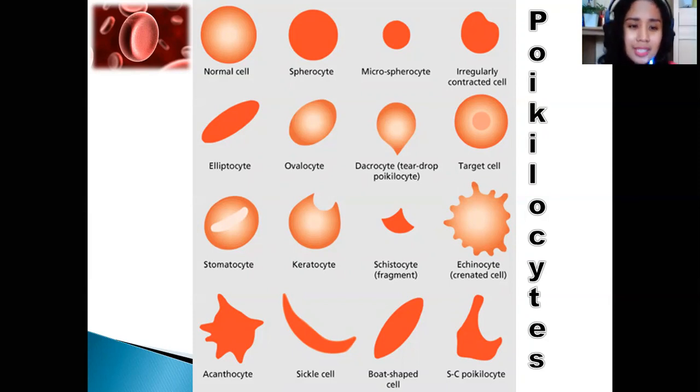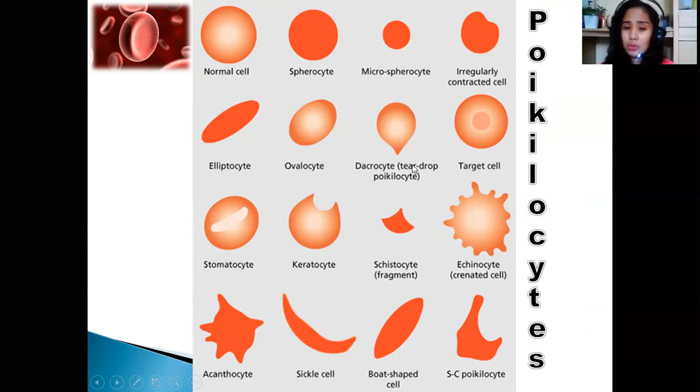So, in this image, you can see the normal cell, which should have pallor, a biconcave disc. Now, you're going to look at your spherocytes. Microspherocyte, an irregularly contracted cell. Notice, they no longer have pallor. Elliptocyte and ovalocyte are different. We have dacrocyte, the teardrop poikilocyte.